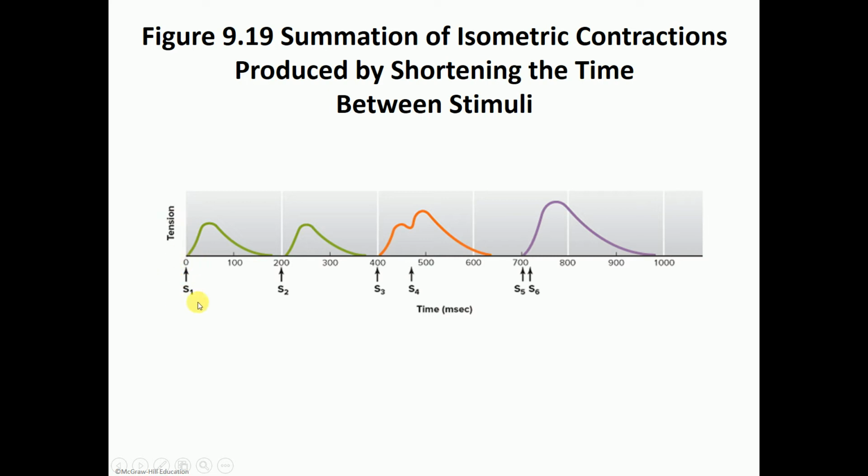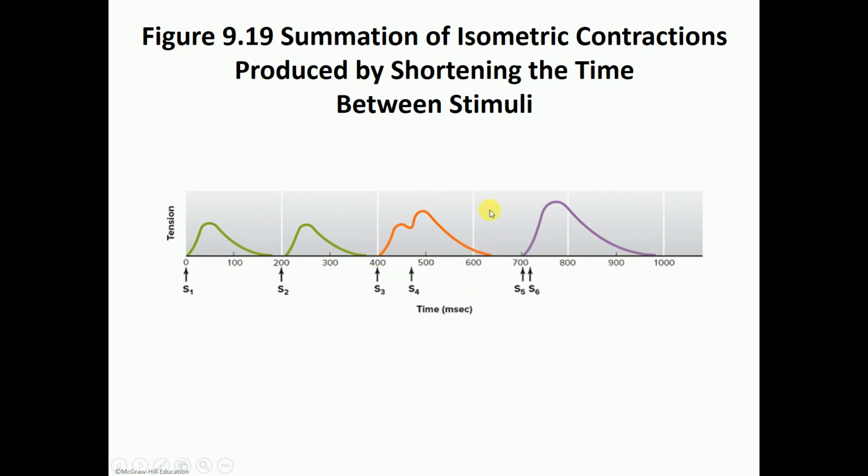Here is your first stimulus, or S1. It led to a twitch. Now S2 is going to lead to another twitch, and that is because your second stimulus came in after the first twitch happened and ended. So you have two separate twitches that occurred.